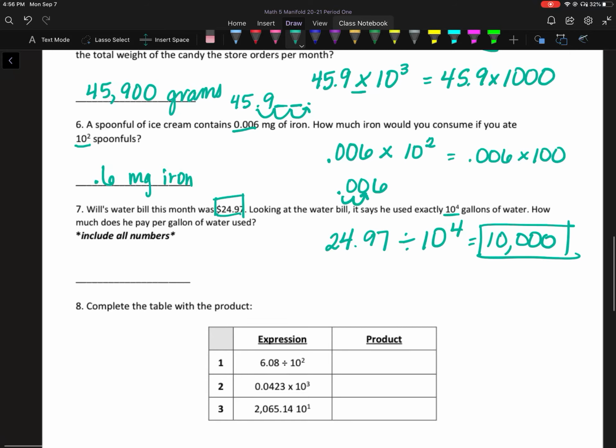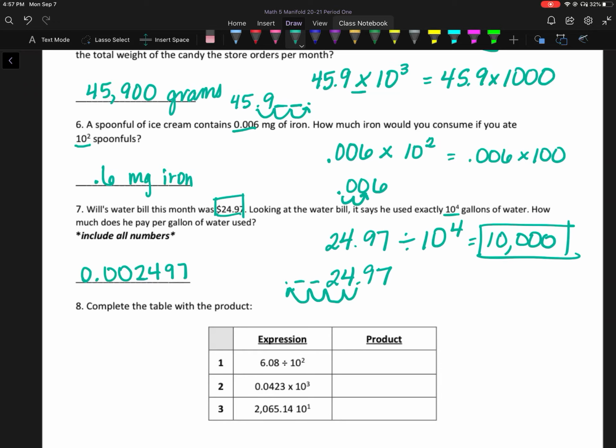And if we're dividing, that means I have to move my decimal 1, 2, 3, 4 to the left, and then I have to put in 2 placeholders. So this here would represent 2,497, and then the place values: tens, hundreds, thousands, ten thousands, hundred thousands, millionths.